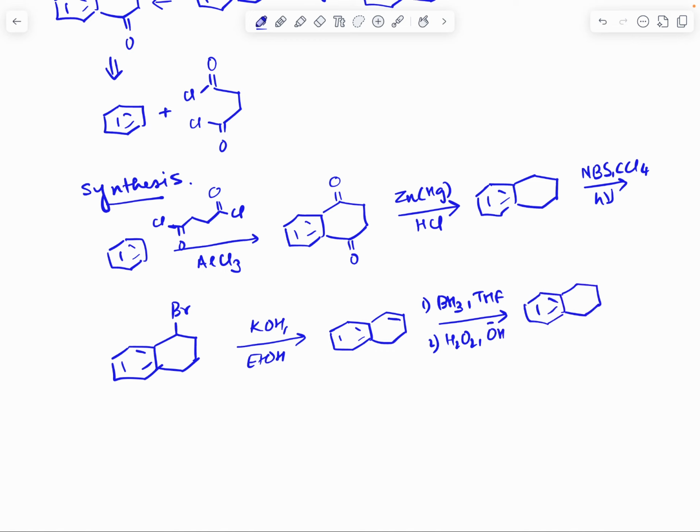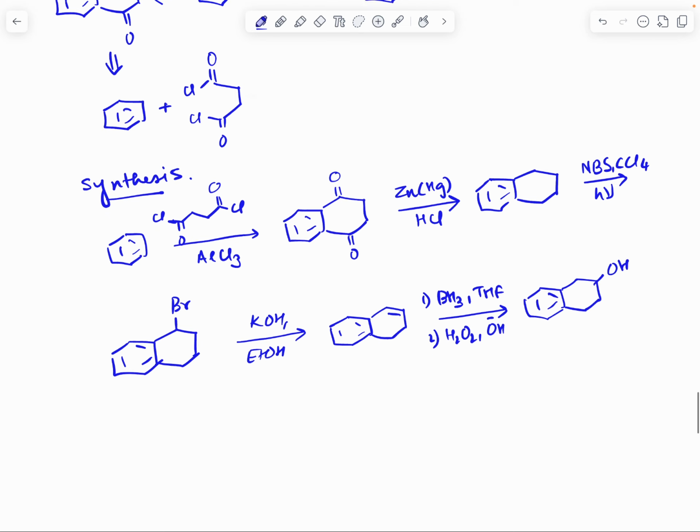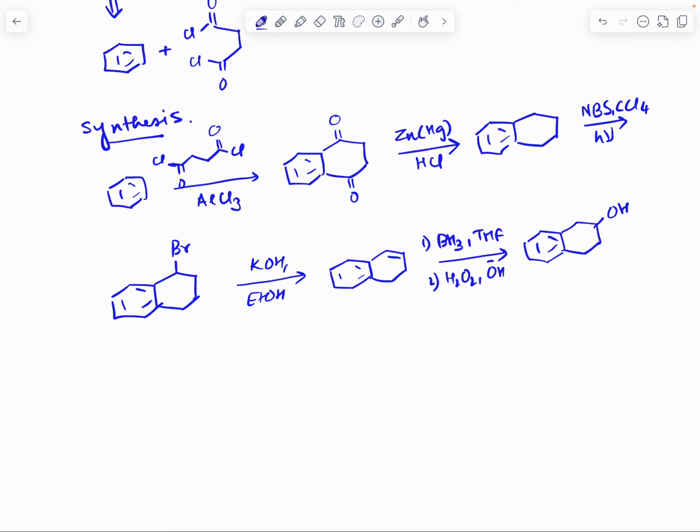And that gives me the OH out there. Now I want to think Williamson ether synthesis. So I take sodium hydride, which is a strong base, step 1, and follow that up with methyl iodide. And that's going to give me the product. And there you have it.